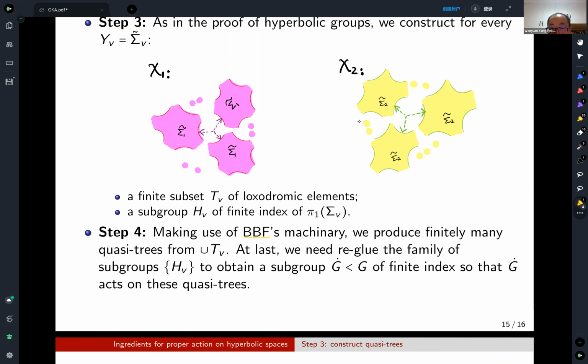We can produce quasi-trees from these loxodromic elements, these quasi-lines. Somehow we glue these quasi-lines in a tree-like way, so that we get these quasi-trees. But finally, we need to glue this family of subgroups to get a subgroup of finite index in the whole group, so that G acts on these quasi-trees.